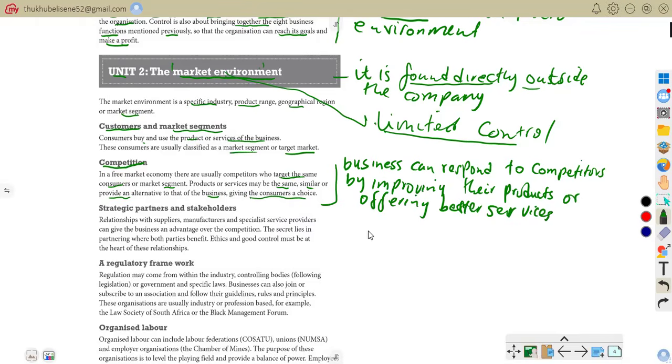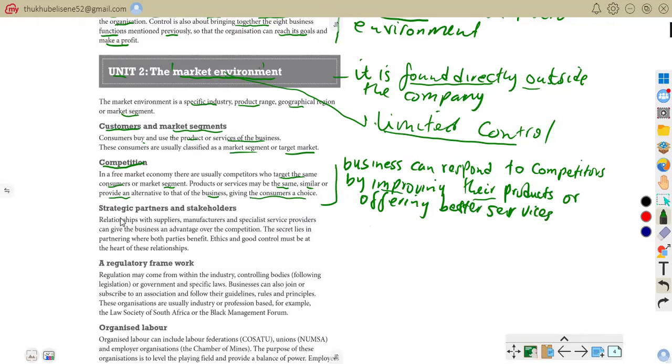That is how they can try to influence the customers, because they cannot have full control on those customers to come and buy from their organization. So improving their products can influence the customers.